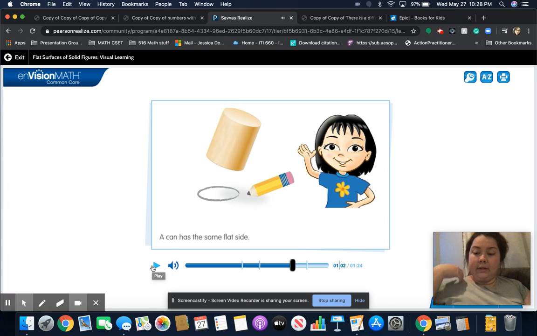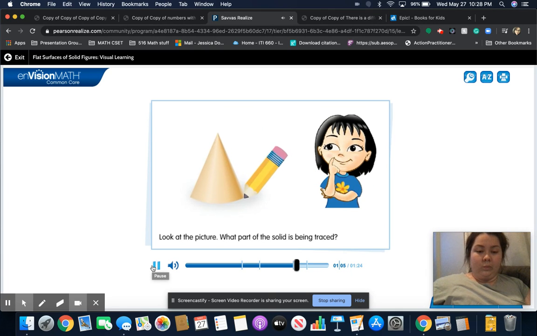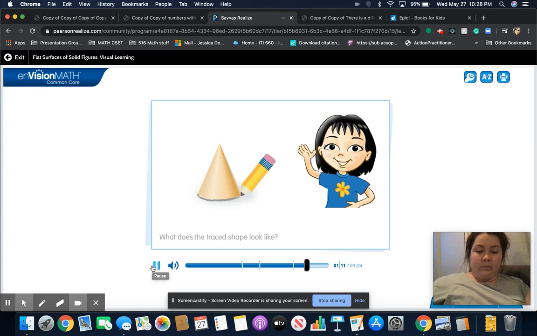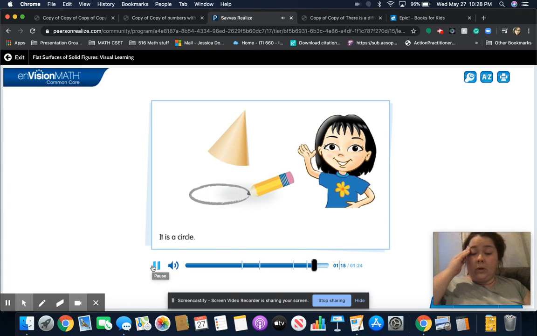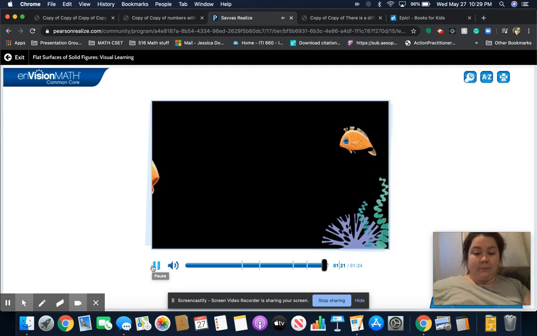A can is a cylinder. Look at the picture. What part of the solid is being traced? The flat side is being traced. What does the traced shape look like? That's another circle. It is a circle. Now you only know about the circle on a cone. The other side is pointy.